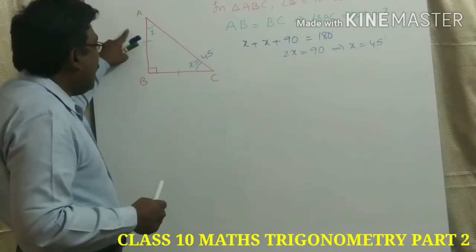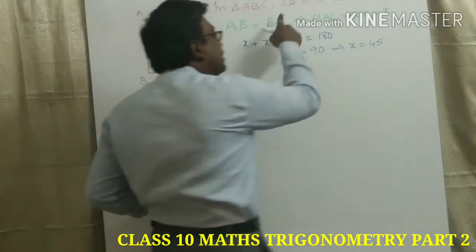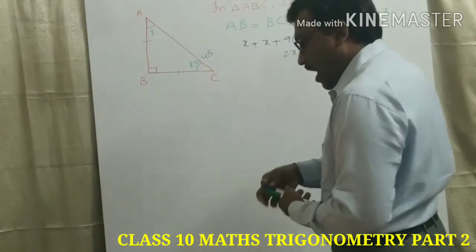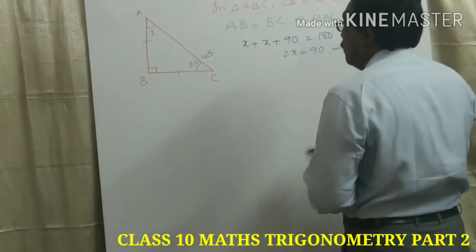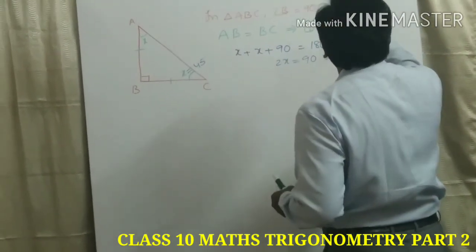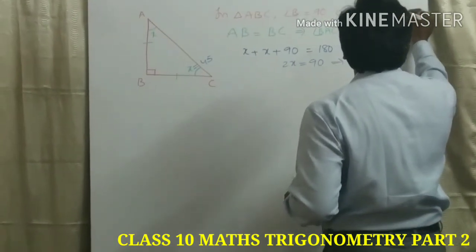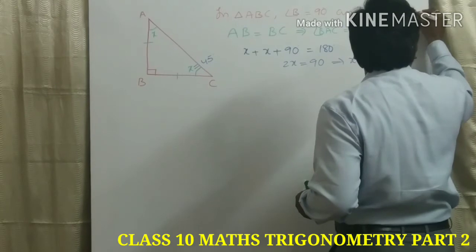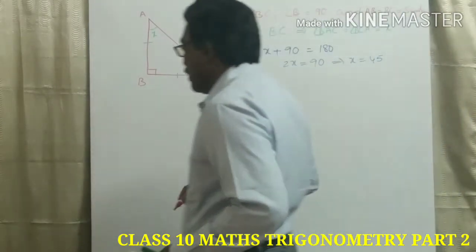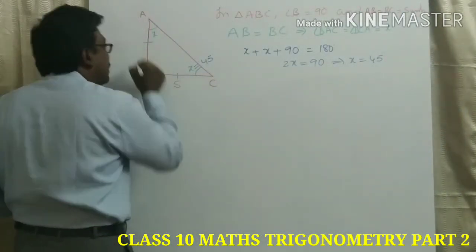Now, in triangle ABC, angle B is equal to 90 degrees and AB is equal to BC, I am taking as S units.